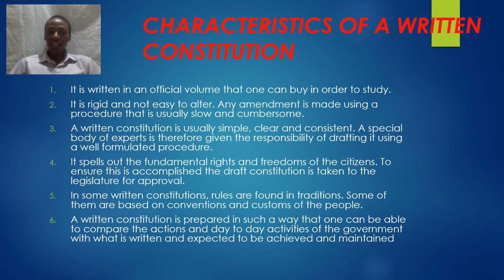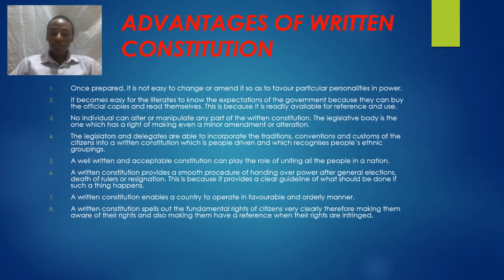Is it really up to the standard of what has been written in the constitution? So comparisons can be very simple, and following the actions of the government may seem to be very easy. And that is the characteristic of a written constitution.